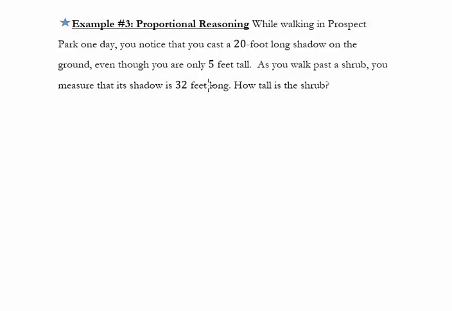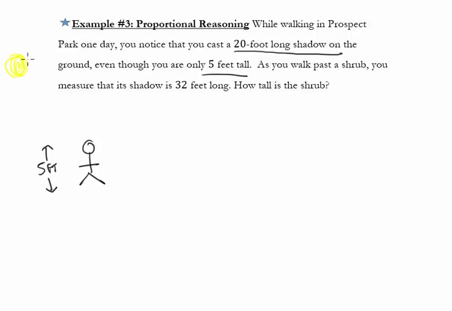While walking in Prospect Park one day, you noticed that you cast a 20-foot shadow on the ground, even though you are only 5 feet tall. So what does that look like? Here you are, 5 feet tall from head to toe. And you write the sun is somewhere.